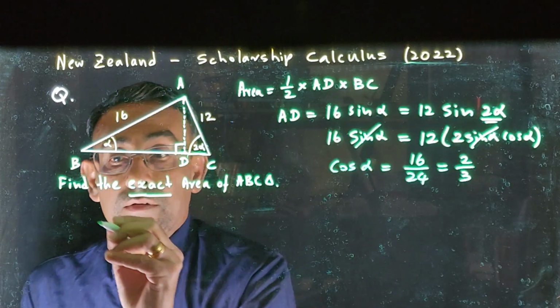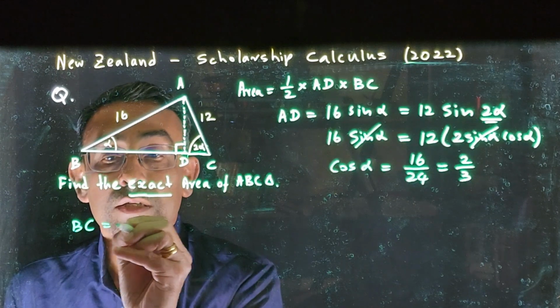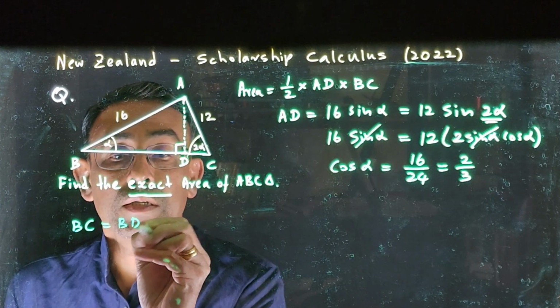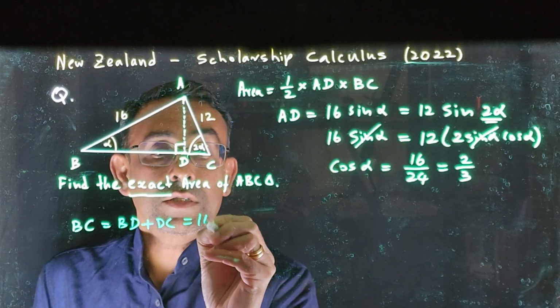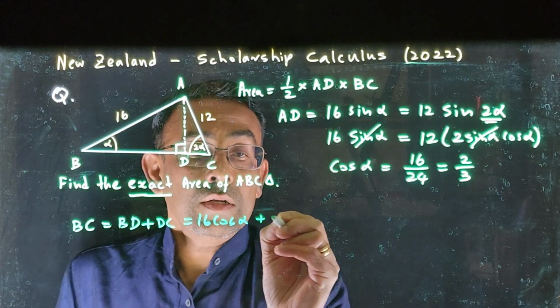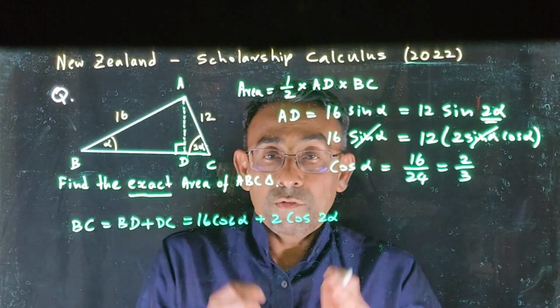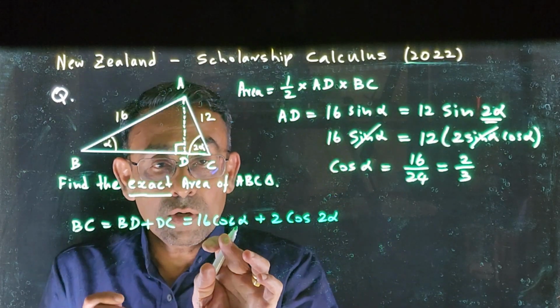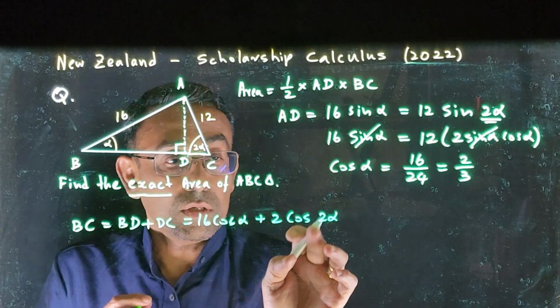To find the area, we need the value of BC. BC is equal to BD plus DC, which is 16 cos alpha plus 12 cos 2 alpha. We know cos alpha, but we don't know cos 2 alpha.